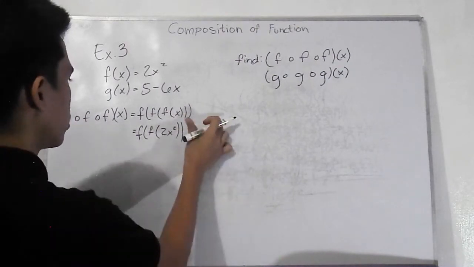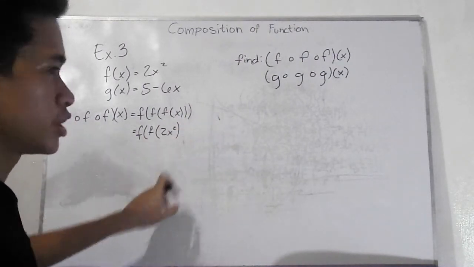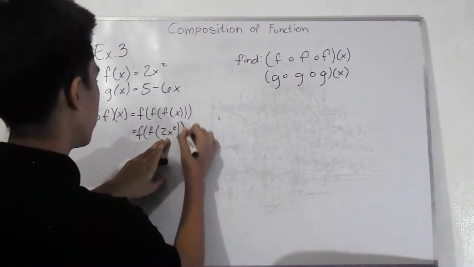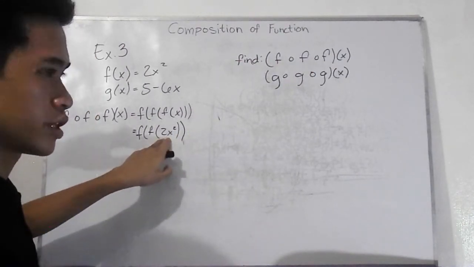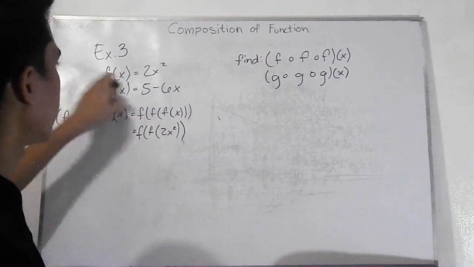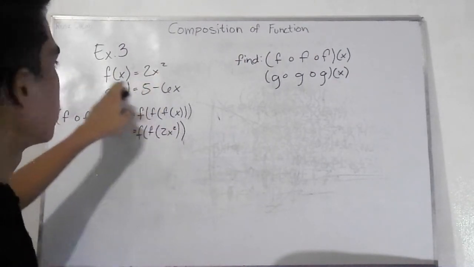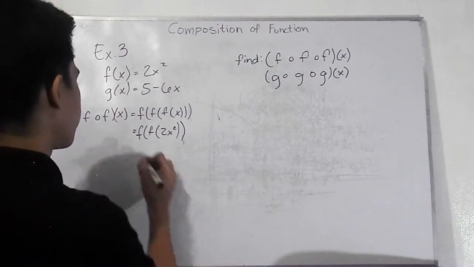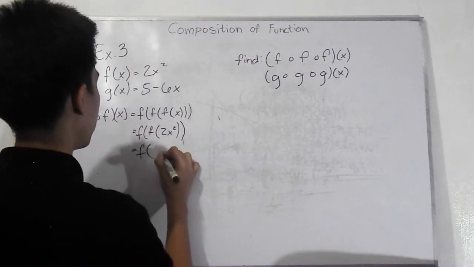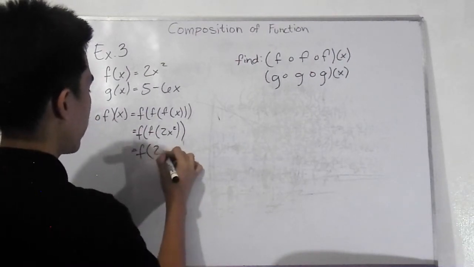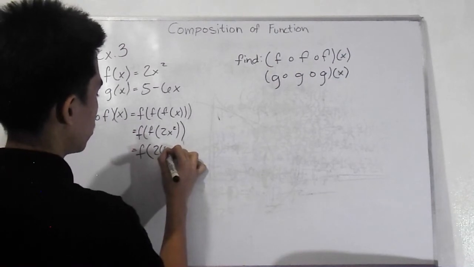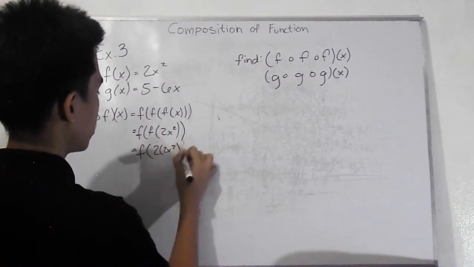So the same procedure. This input here will be substituted in the value of x in the f of x. So f of 2x squared.